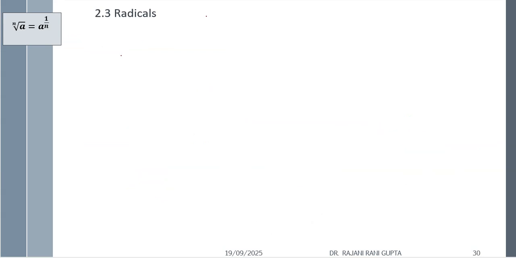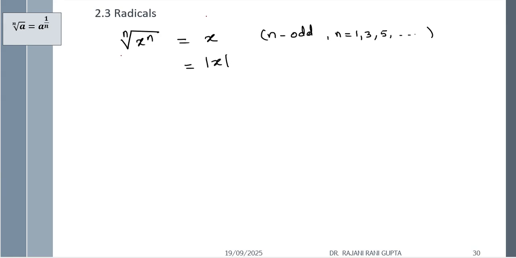For that you need to remember that if you are taking the nth root of x power n, you will write it as x if n is an odd number, like n takes the value 1, 3, 5 and so on. On the other hand, you write it as mod of x, the absolute value of x, if n is even, that is, n takes the value 2, 4, 6, 8 and so on.